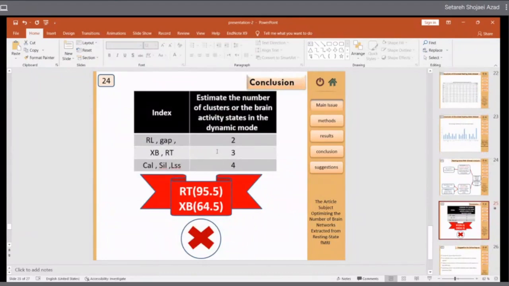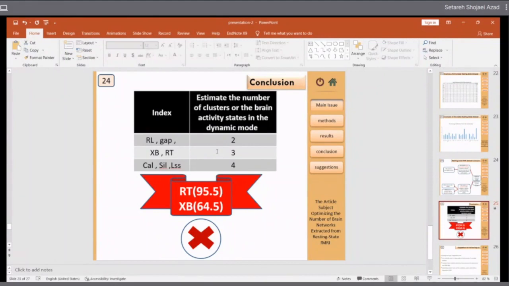Here, three clusters, or in fact the same states of brain activity, are the best and optimal internal evaluation indices.